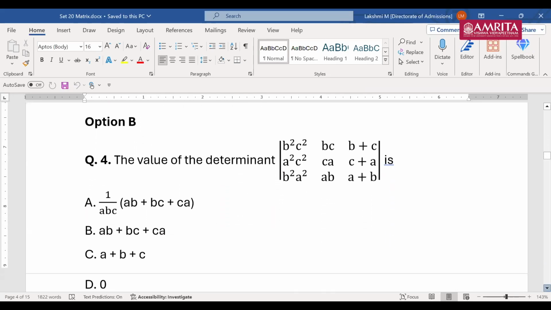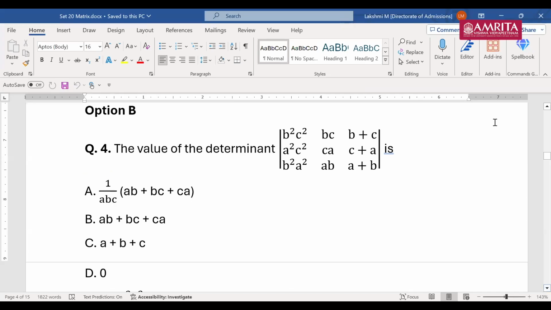Very simple question. Maybe you may feel you've seen the same type of options in the previous question. It's just a very basic thing that you've studied in the chapter on determinants, right? Just a basic concept, but maybe you'll feel a little difficulty when you see the values. So the value of the determinant: b square, c square, bc, b plus c; a square, c square, ca, c plus a; b square, a square, ab, a plus b.